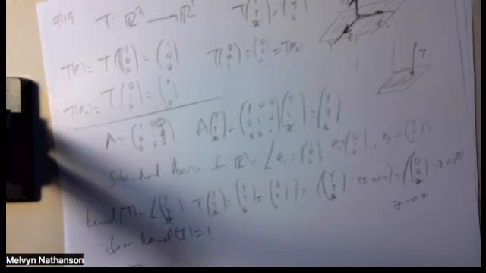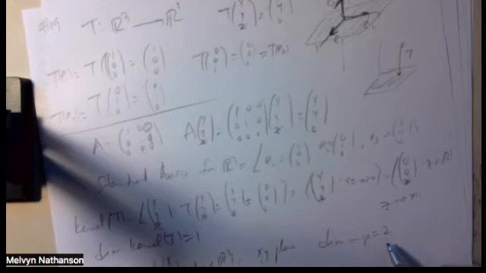And the dimension of the kernel is 1. This is a one-dimensional space. And the image, it's all vectors X, Y, 0. That's the XY plane.